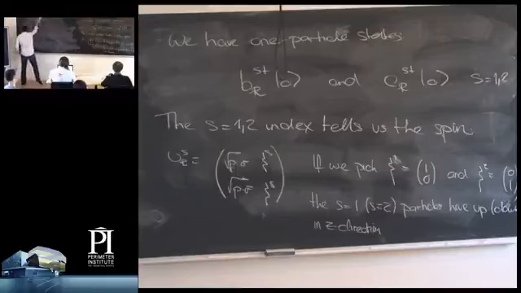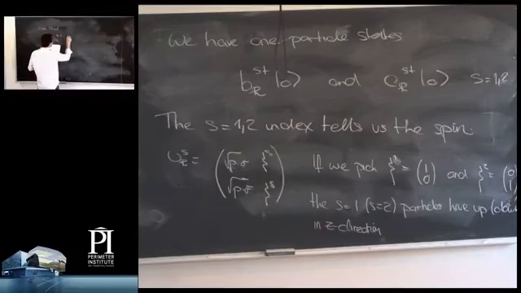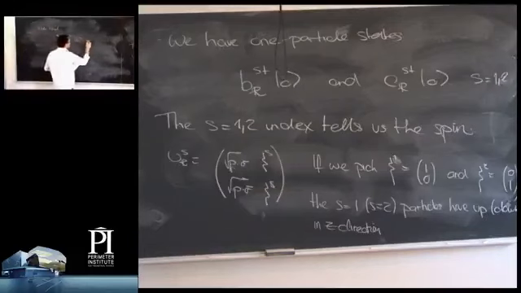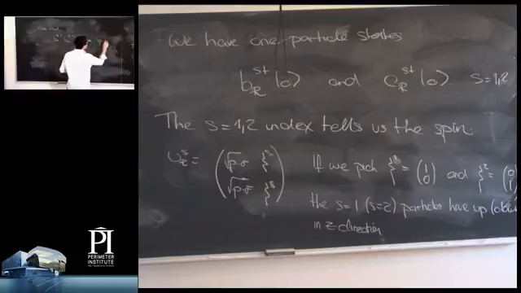But now notice that if we create two particles with two different spins and momenta p1 and p2, we have to label the states now by both the momenta and the spin.